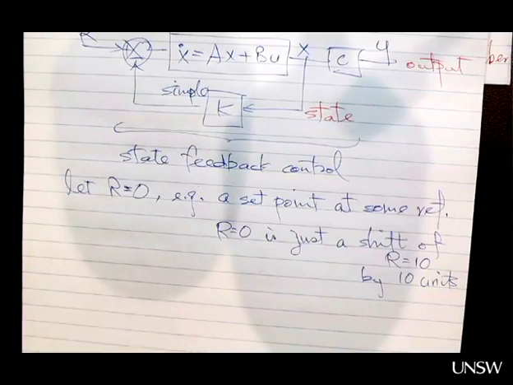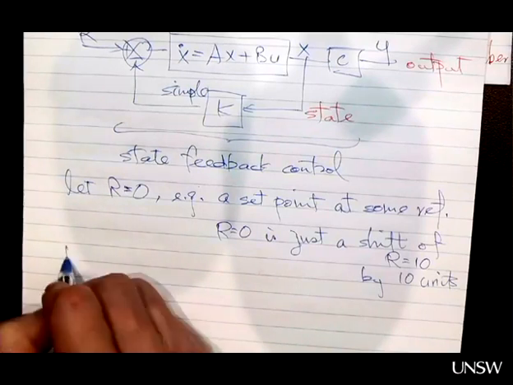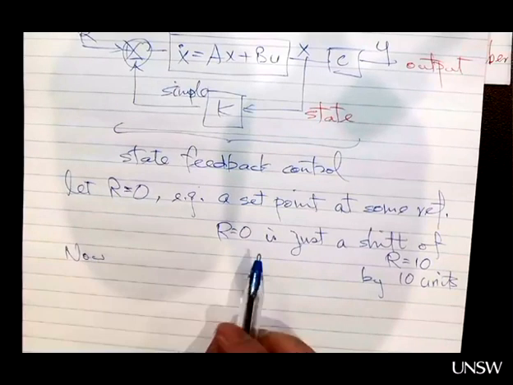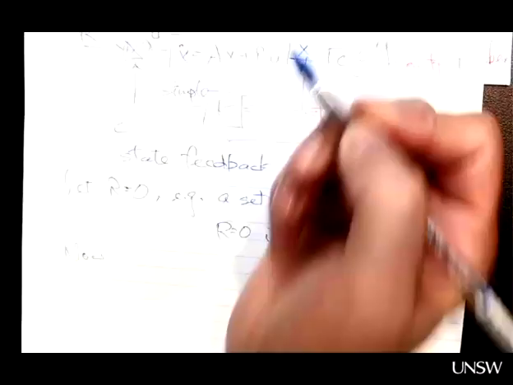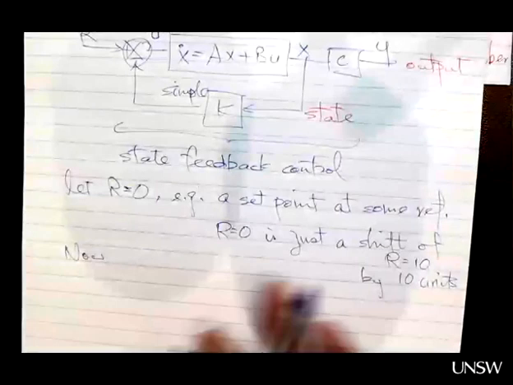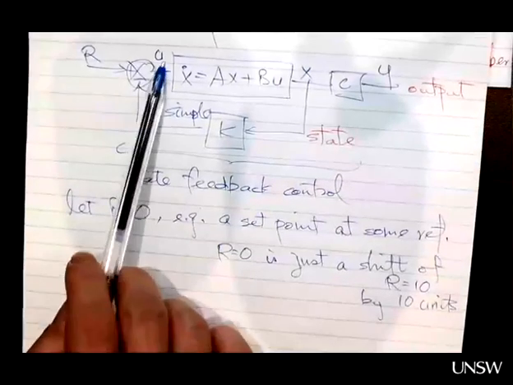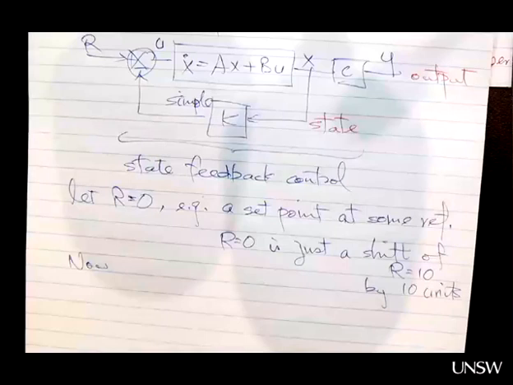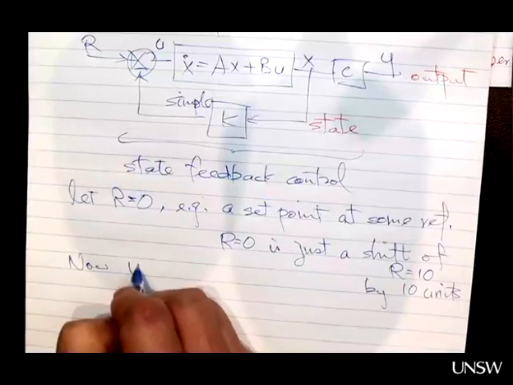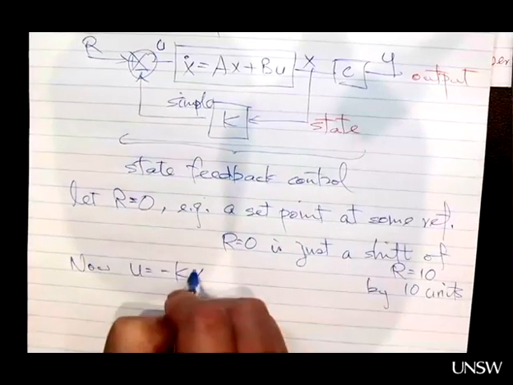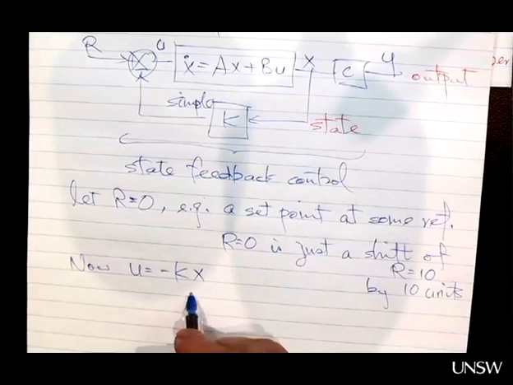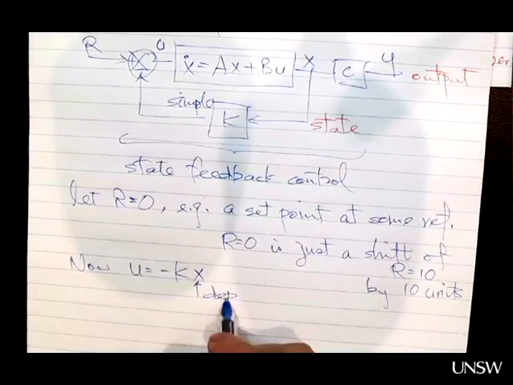So now what we have is the control to the system. Now u equals minus Kx, and that depends on the state.